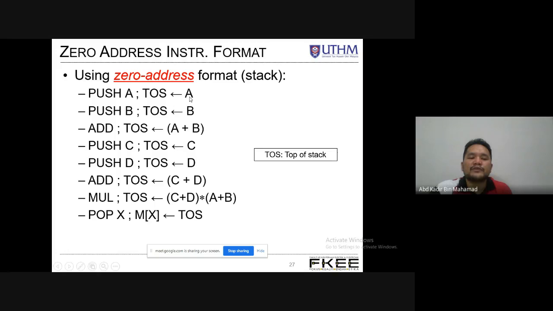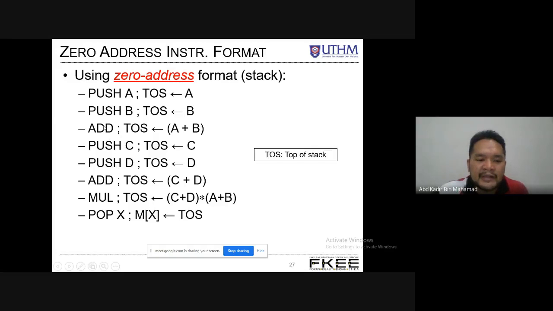You have to move value A to the top of stack, then value B to the top of stack. You push A, push B, add. Then push C, push D, then add. Then you multiply. At the top of stack, you get the value, then you transfer.